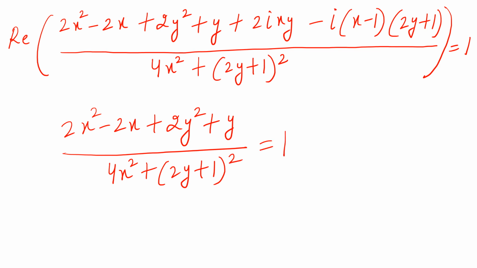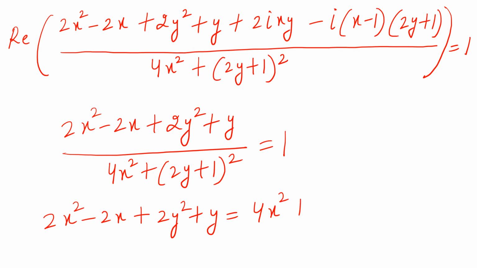Now from here we get the equation of locus of z, and this comes as 2x square minus 2x plus 2y square plus y equal to 4x square plus 4y square plus 4y plus 1.